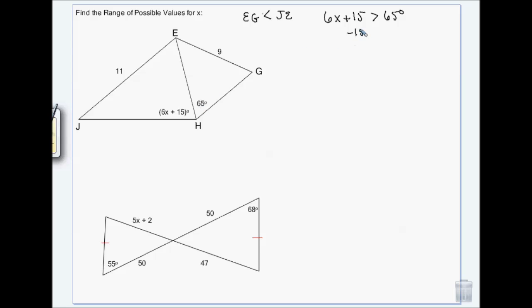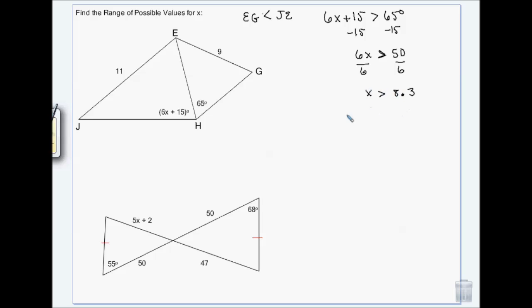So if I subtract 15 from both sides, that gives me that 6x is going to be greater than 50. Divide by 6, x is going to be greater than 8.3, repeating, but I'm just going to do 8.3 because we'll just round it.